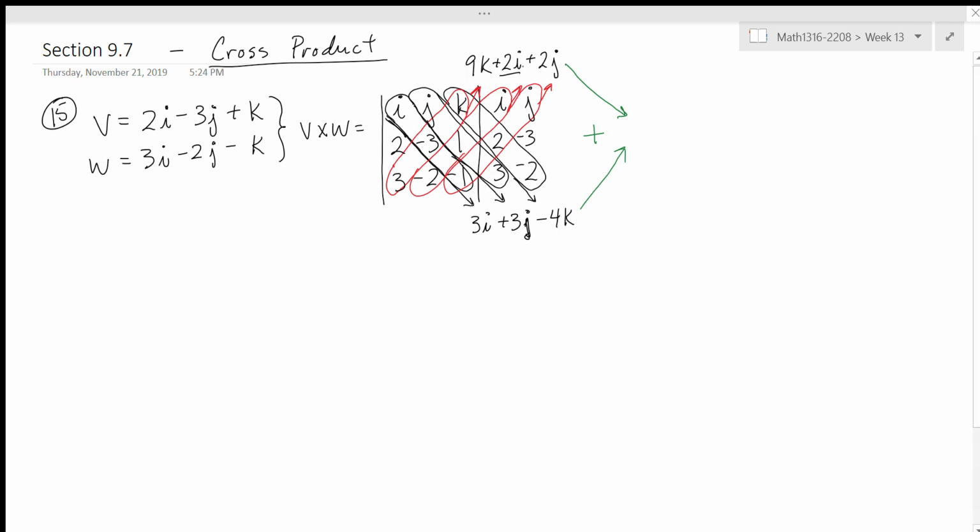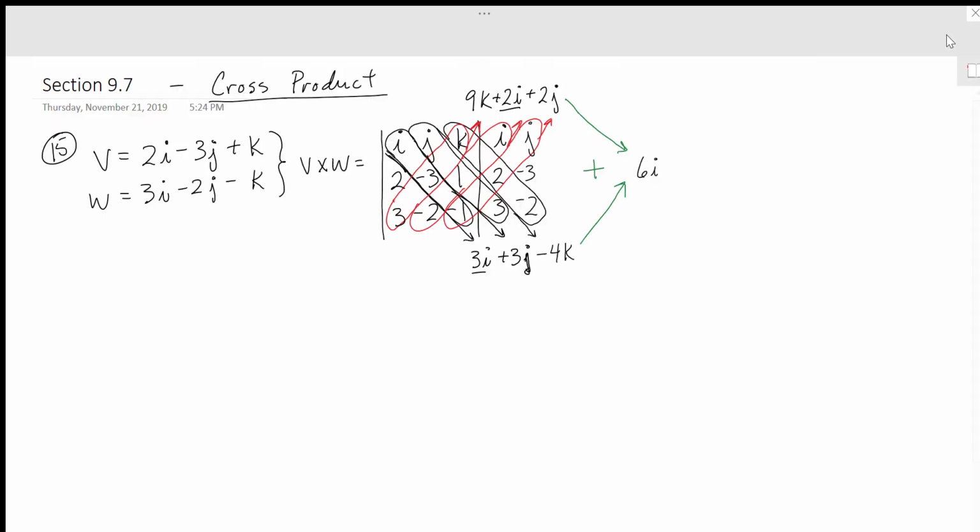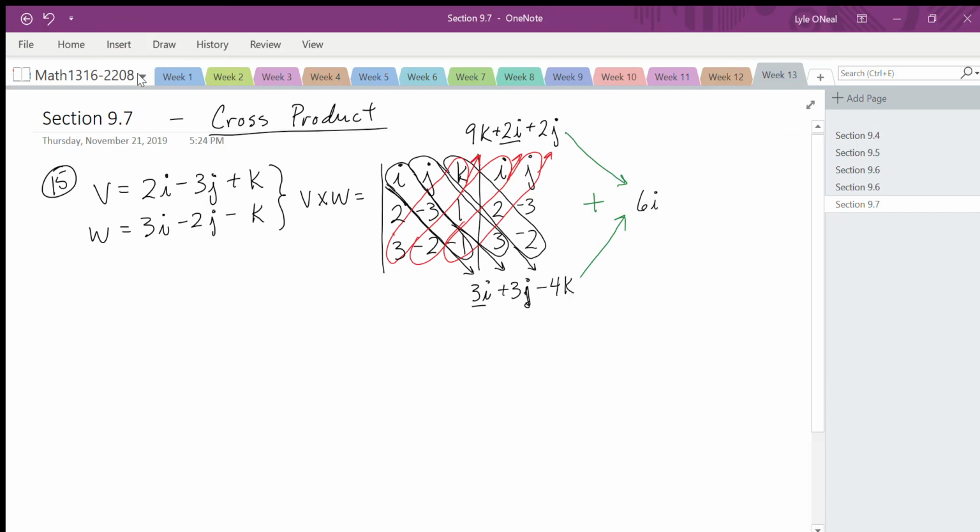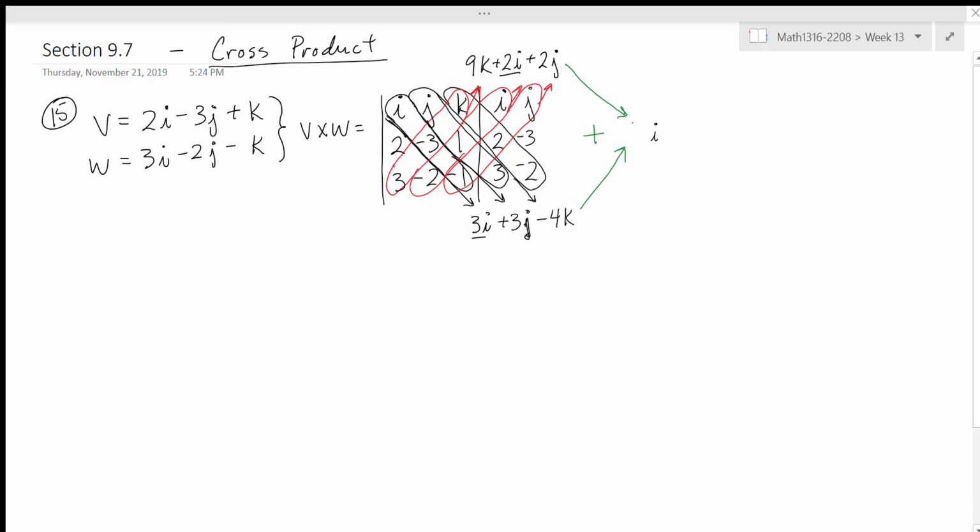So I've got 2I plus 3I. 6I? Oh, where'd I get 6 from? I think I multiplied. Is that better? Okay, next I've got 2J plus 3J. And last but not least, I've got 9K minus 4K.